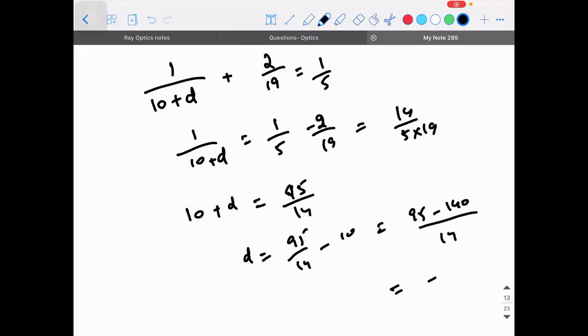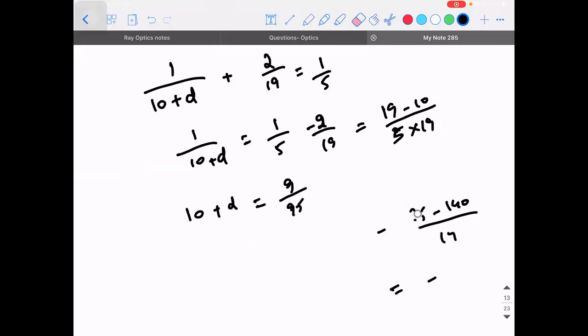Two by 19. 19 minus 10 divided by 5 into 19. So how much is this? 9 divided by 95. So d is equal to 95 by 9 minus 10.